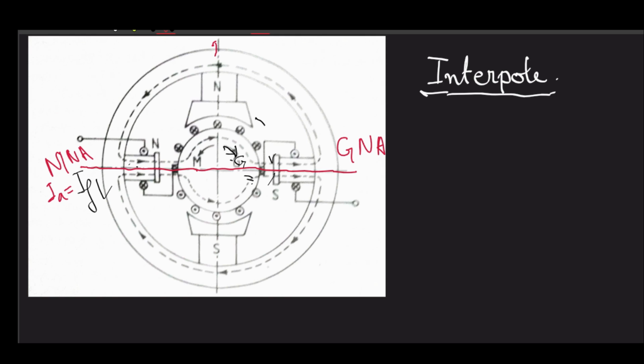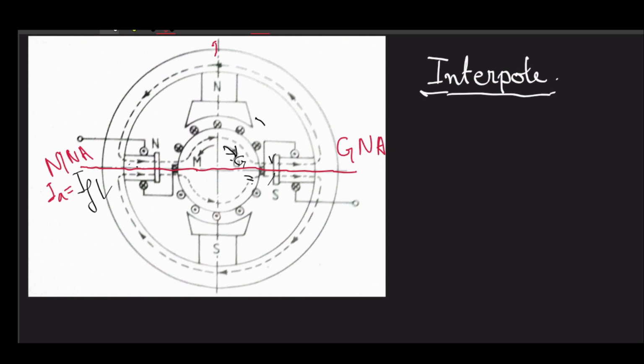However, we must make it very clear that the shift of your magnetic neutral plane depends on what? Your armature current. Field current remains constant. So if you want to control that, what do you need to consider?